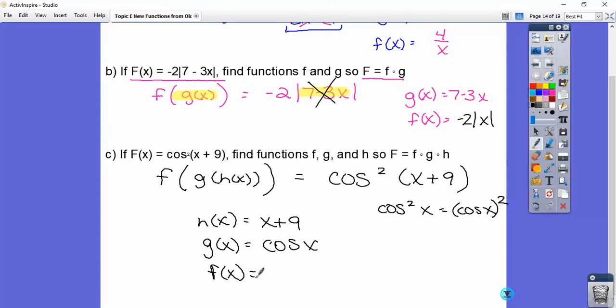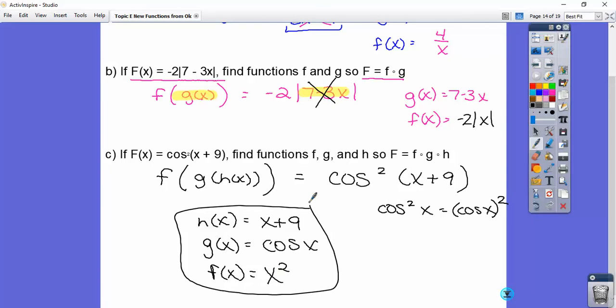So f of x, if I take out that entire cosine and replace it with an x, you're left with x. Questions there?